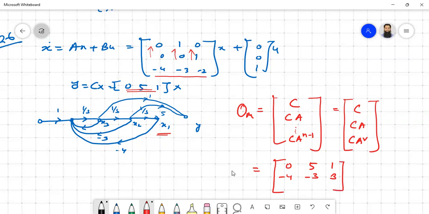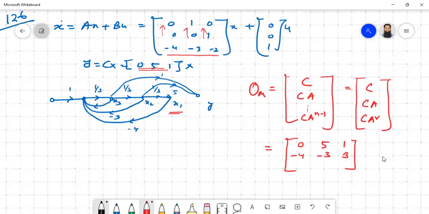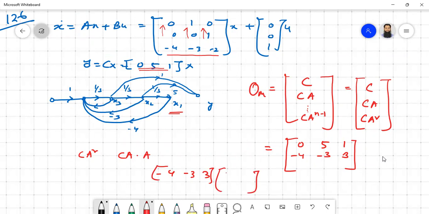Once you have this value, you are supposed to have CA squared. You already have CA, which is -4, -3, and 3, and that will be multiplied with your A matrix, that is 0, 1, 0; 0, 0, 1; -4, -3, -2.